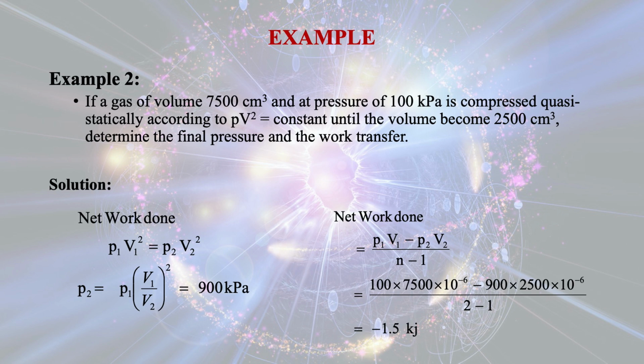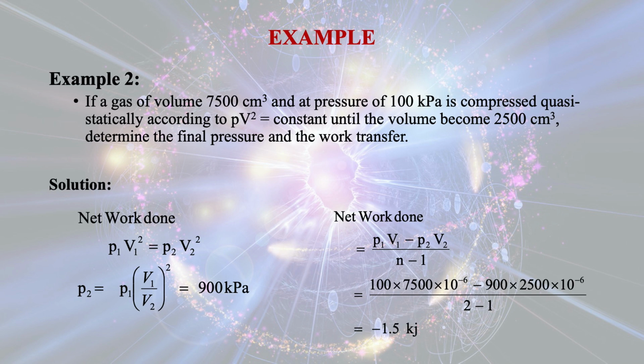The work done for a polytropic process we know is equal to P1 V1 minus P2 V2 whole divided by n minus 1. So here P1 is given as 100 kilopascal, V1 is 7500 centimeter cube, P2 we have calculated as 900 kilopascal and V2 is 2500 centimeter cube. The value of n is given as 2.